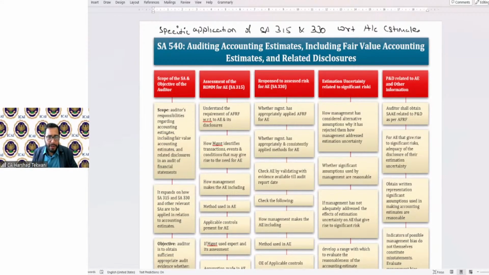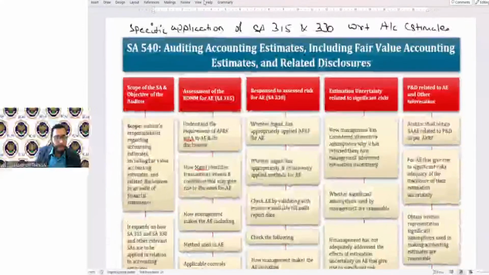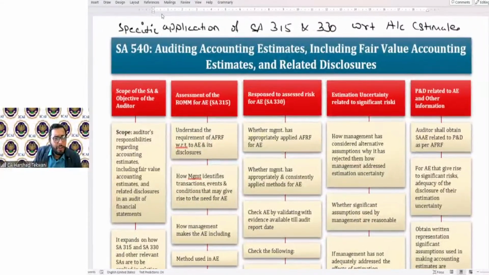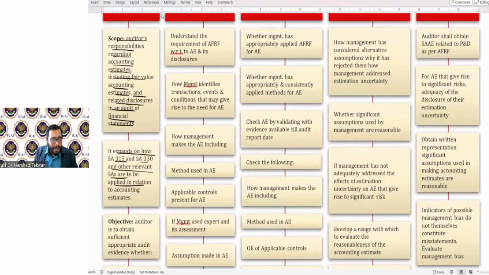Let us see here. The scope is the auditor's responsibility regarding accounting estimates, including fair value estimates and related disclosures in an audit of financial statements. It usually expands on how SA 315 and 330 and other relevant standards are to be applied in relation to accounting estimates.